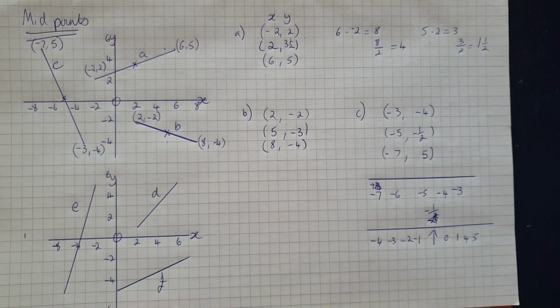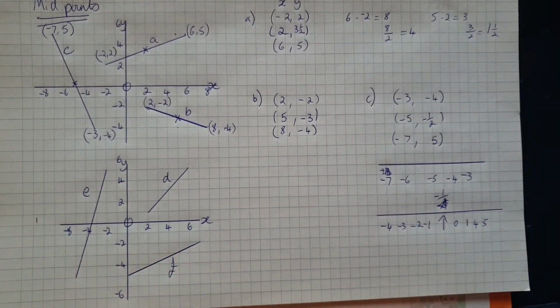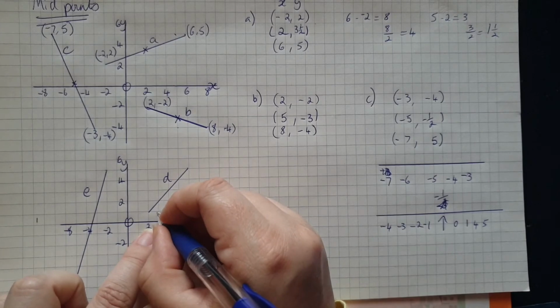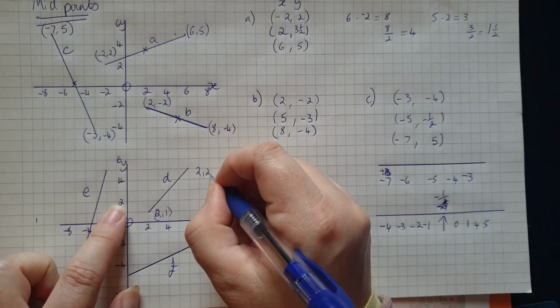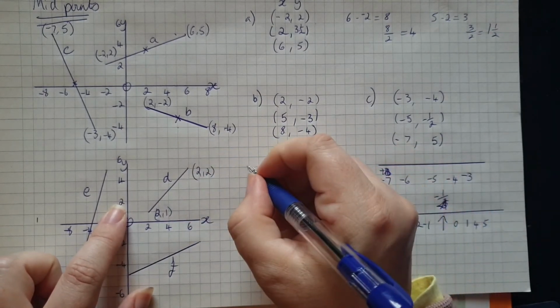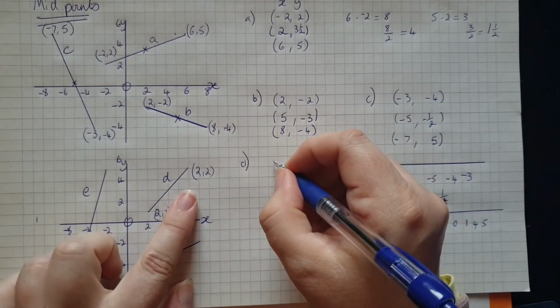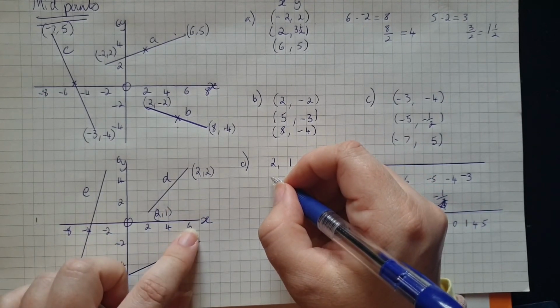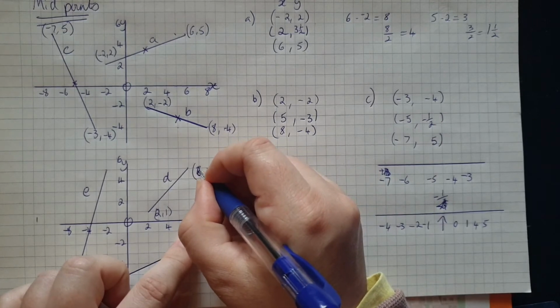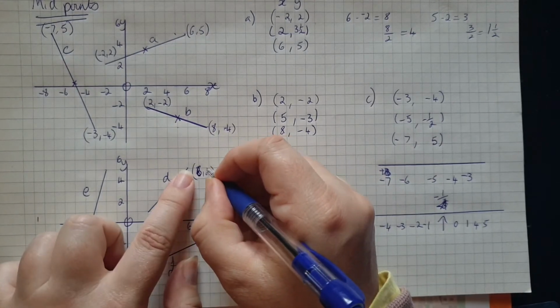Copy out this diagram, work out the coordinates and then plot the midpoints. Right, so we have D, 2, 1 and 6, 5.